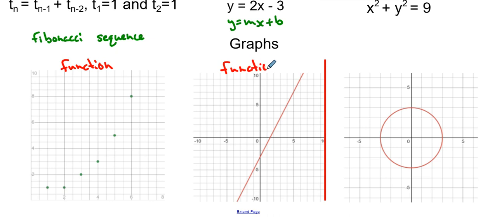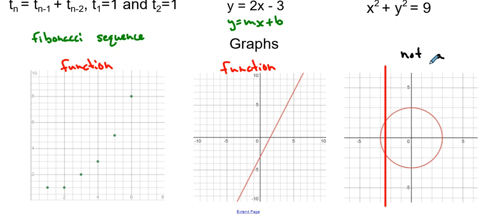But then when we get to the circle, it is not going to pass the vertical line test, right? As soon as you get past that first tangential point, it touches at two spots. That means one x input has two y outputs. And so this one is not a function.